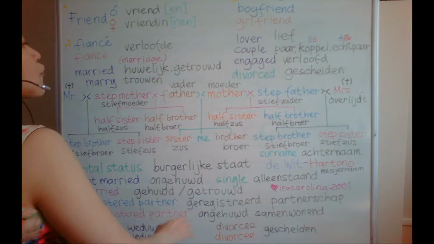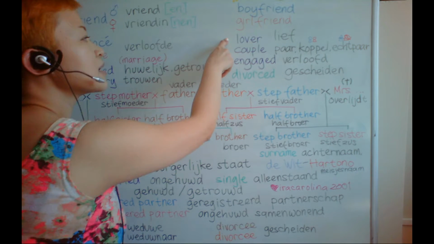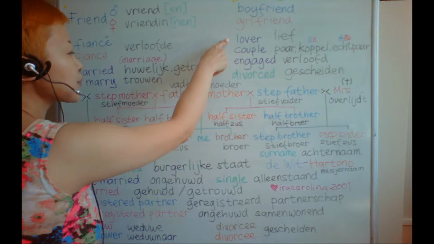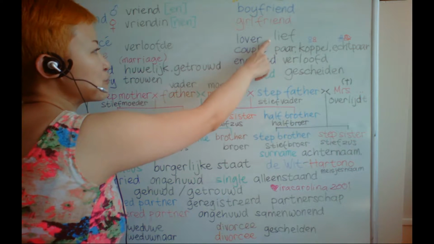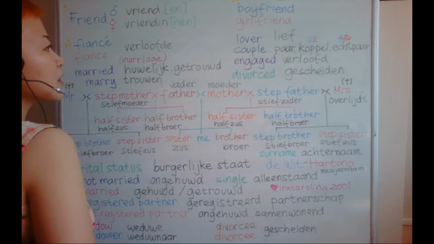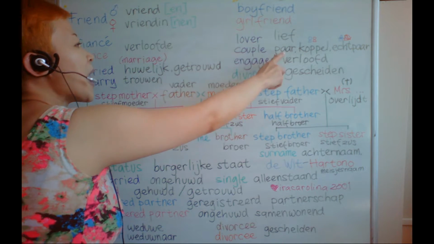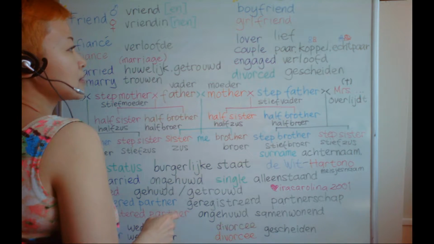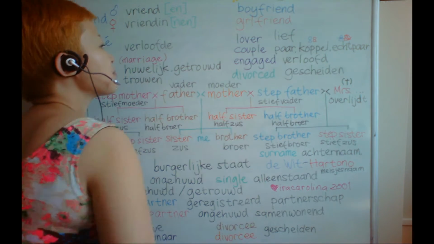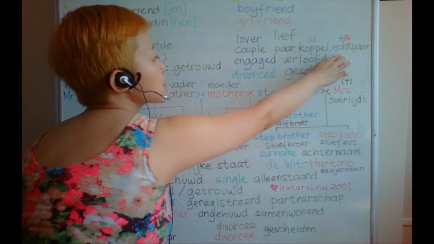And now we will continue into this one. Lover. Lover is lief. And couple is paar, or koppel, or echtpaar.